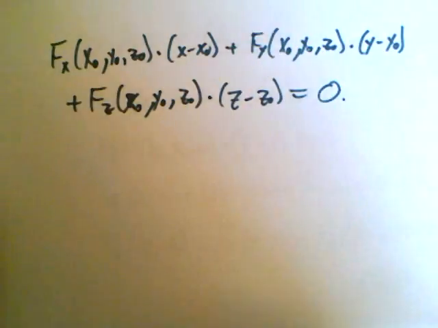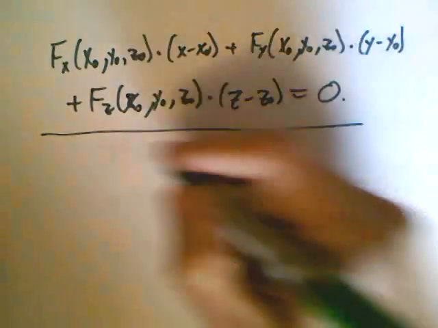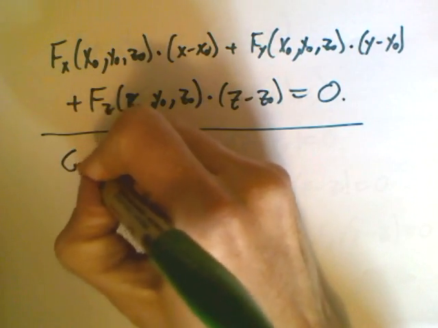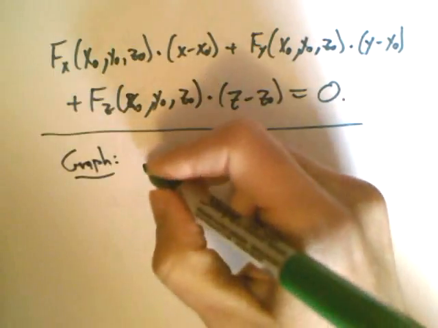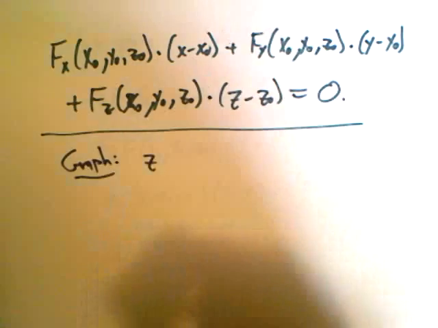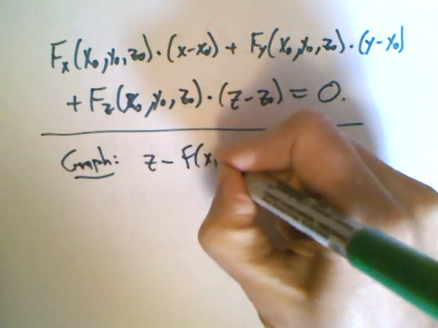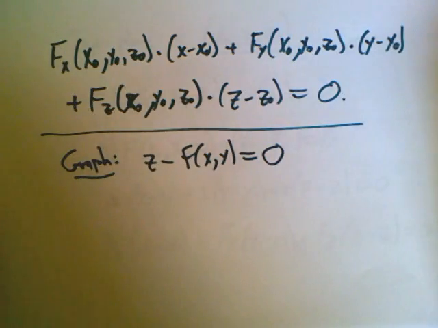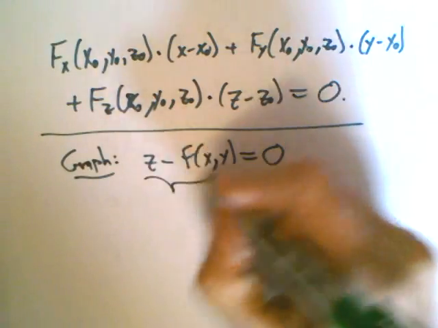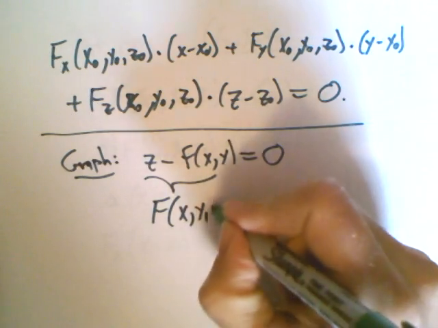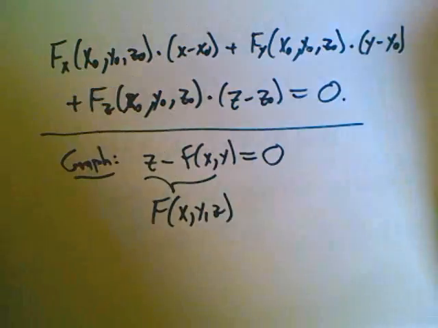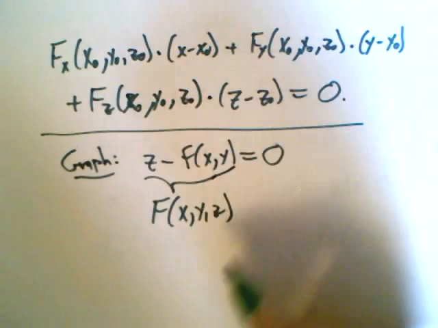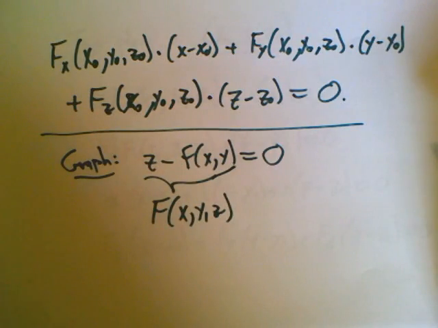However, before I do the example, one thing. Compared to the graph example, I think the book mentions this, you can make the graph example into this kind of thing. You can just say, oh, let's put everything from z equals f of x, y, from that previous example, on one side. Here's your function big F of x, y, z. A graph is a level set of a very specific kind of function, z minus a function of two variables.